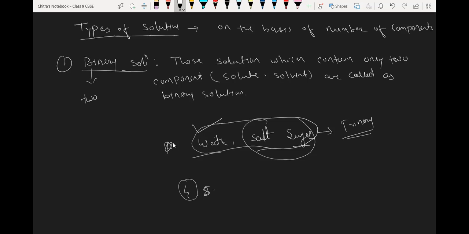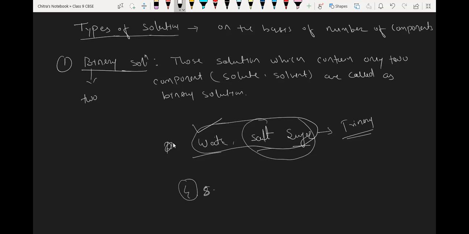Sir, and what about water? Water contains two atoms of hydrogen and one atom of oxygen. This is going to be a compound. We are not discussing the element, we are discussing only solution.